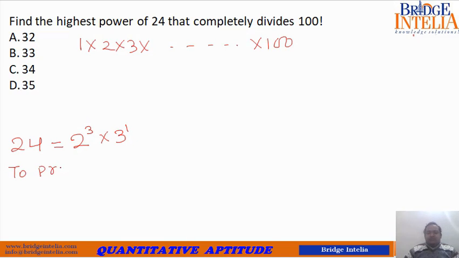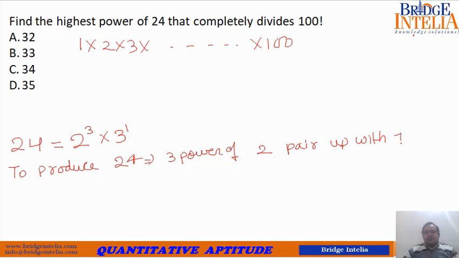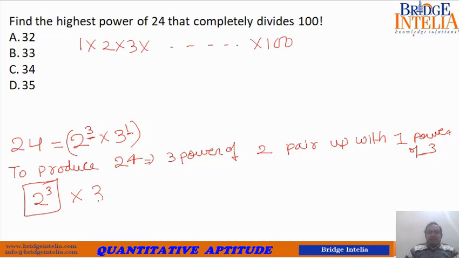It basically means that to produce 24, 3 powers of 2 pair up with 1 power of 3. Now you have to see how many such pairs are possible. These are the 2 partners in the pair.